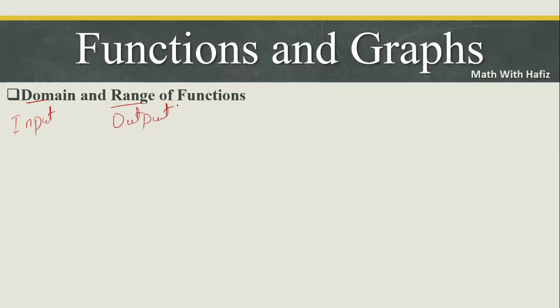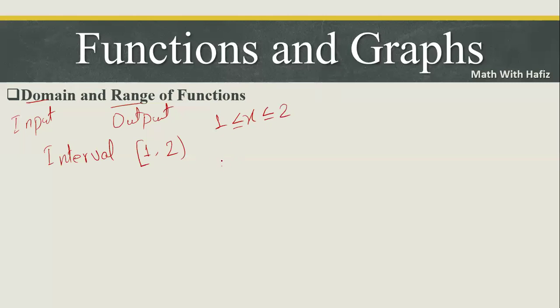Now, how can we represent domain and range? There are three different methods or notations to represent domain and range. The first one is the interval method, which you can see with this one. If the values are included, let's say we are talking about the domain where the values of x are between 1 and 2, where both 1 and 2 are included.